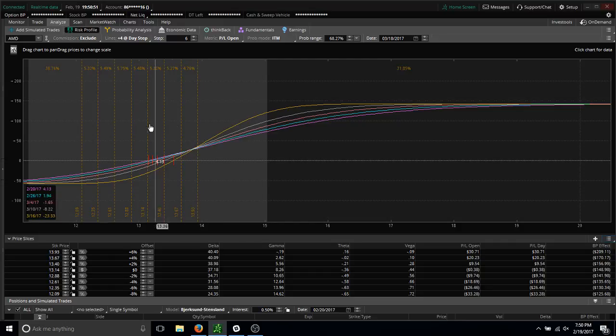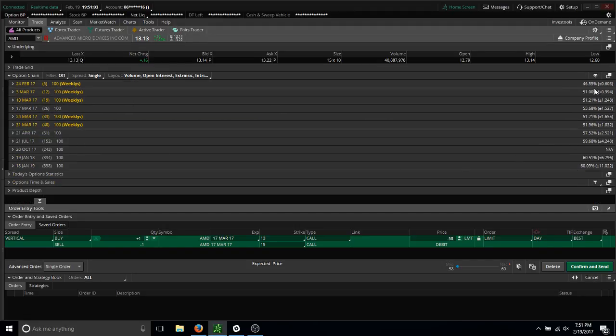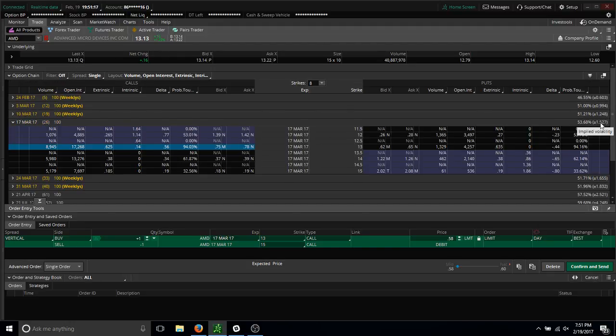But also when we get into this, it gives us, well, I'll go into expected moves for those of you that don't know that. So here's my implied volatility right now and my expected move. So I have the 17 expiry, and that is an implied move of 1.52.